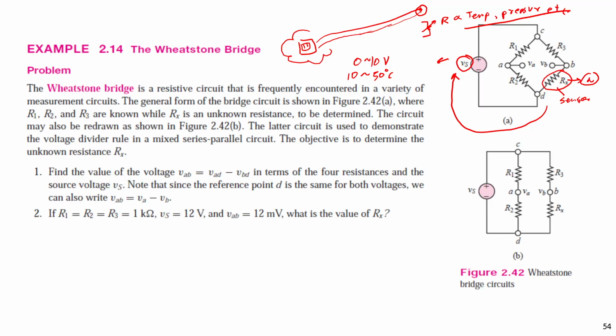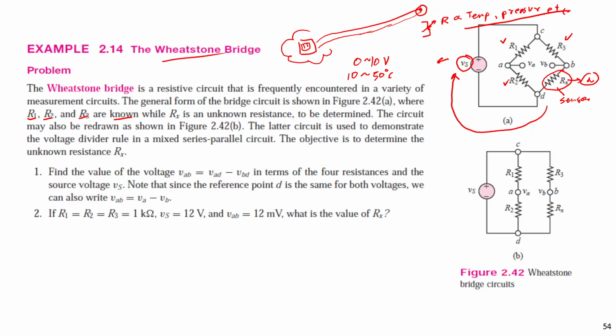So when we use a sensor, often we use this type of circuit, and we call it the Wheatstone circuit. In this case, R1, R2, R3 are known values.